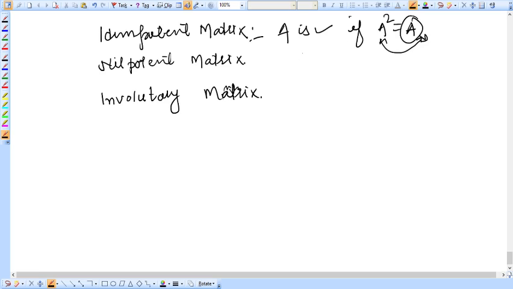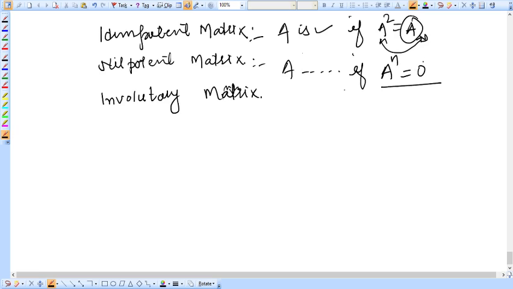If A square is equal to A again, then this matrix is idempotent, because we are getting A again. And a nilpotent matrix: A is called a nilpotent matrix if after some number of multiplications, if we multiply A with itself again and again, we get the zero matrix.